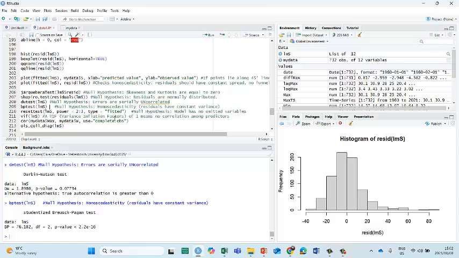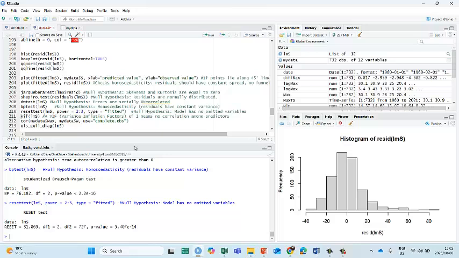And that basically brings us to this test, the RESET test, which is testing exactly what I'm saying now. And the p-value is very, very small. The null hypothesis is that the model has no omitted variables. And again, we're rejecting it, meaning the model has omitted variables. It's exactly what we're saying there. If your model suffers heteroscedasticity issues, then it basically means there's something missing.